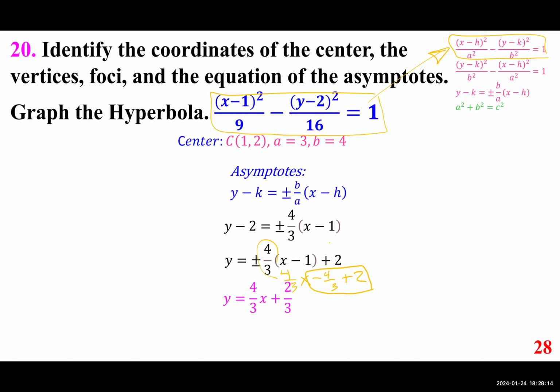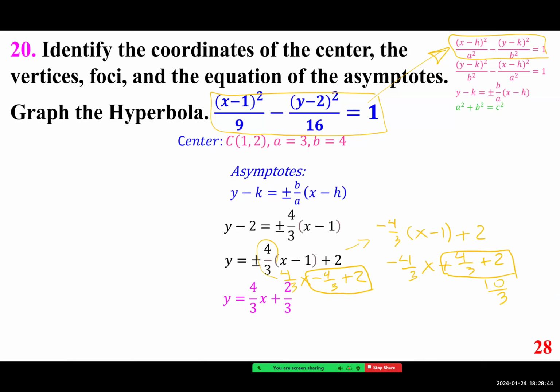If I go with the negative, minus 4/3 times x minus 1 plus 2, I end up with minus 4/3 x plus 4/3 plus 2. These two add up: 2 times 3 is 6, plus 4 is 10/3. So those are the equations.